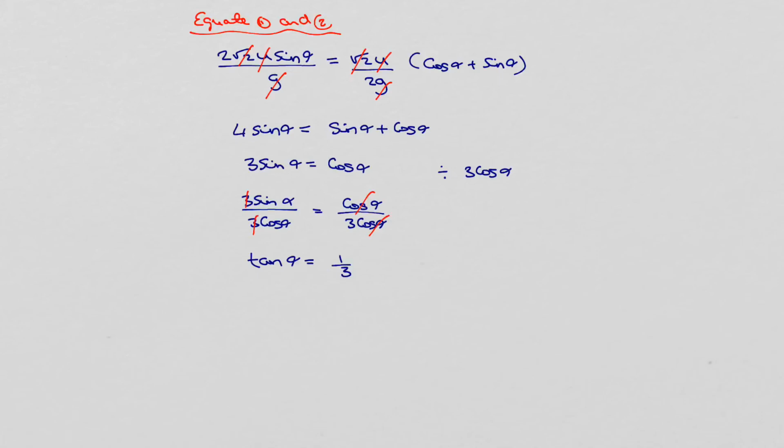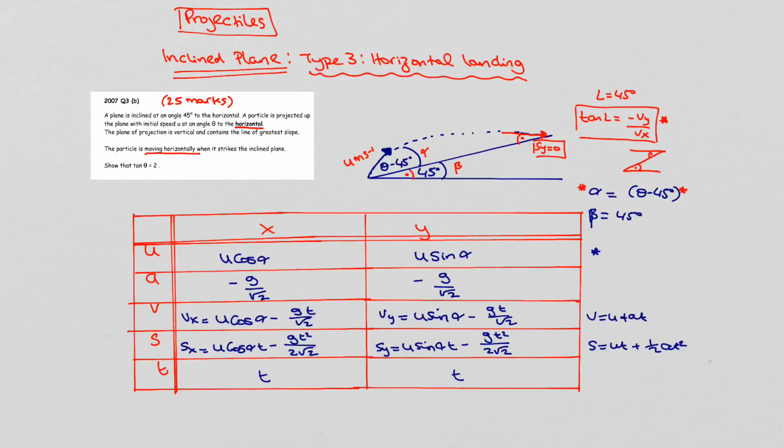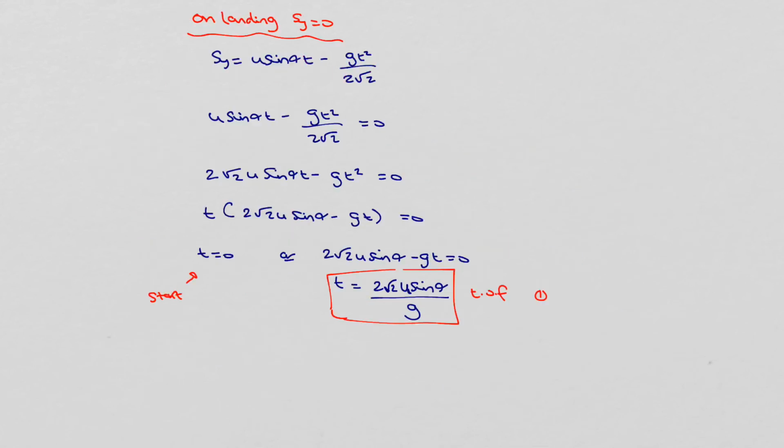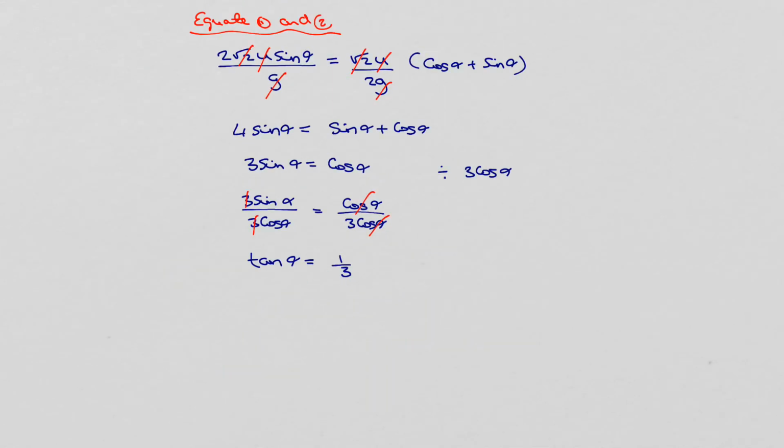Now, just to be careful, you're not finished, because if we go back to the start here, we want to show that tan theta is equal to 2. So it is at this point now that I go, oh yeah, hang on a second, alpha actually isn't in the question. Alpha is theta minus 45. And again, it's just made it a little bit neater all the way up until this point.